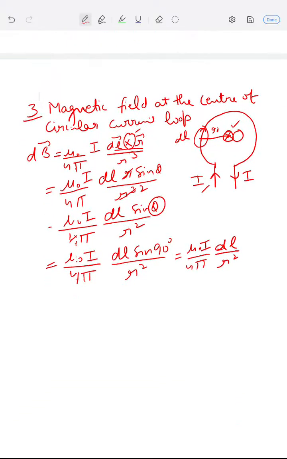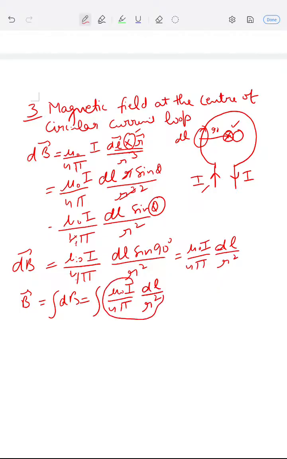So we need to calculate the total magnetic field. We have to integrate this part to calculate the total magnetic field. Mu 0 I upon 4 pi, integral of dl upon r square. This whole part is a constant term, so we take it outside the integral.